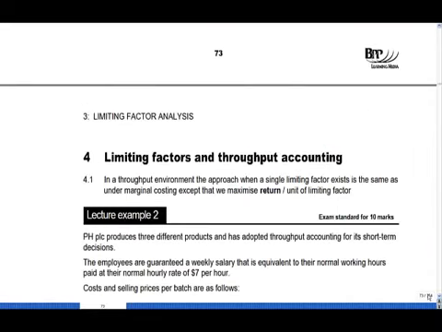Okay, so let's have a look at section 4. Now this is looking at limiting factors with throughput accounting. Now what we saw in chapter 2E, that throughput accounting uses some terminology called return per hour. And return is focused on your sales less your material purchases only.